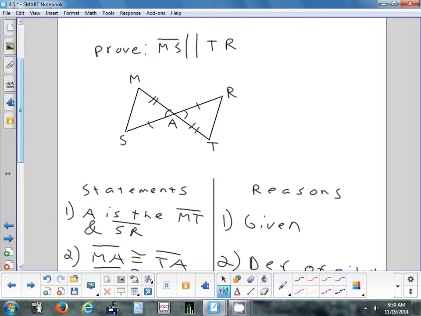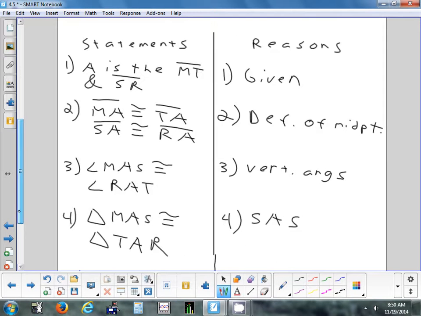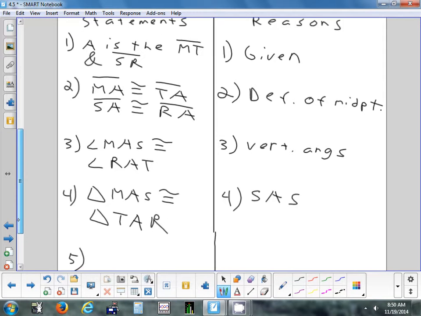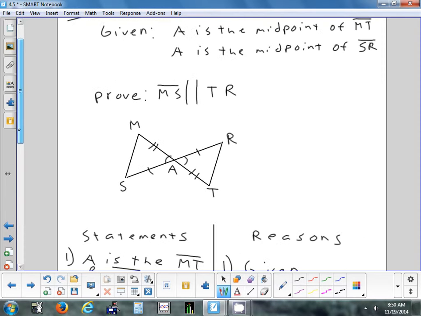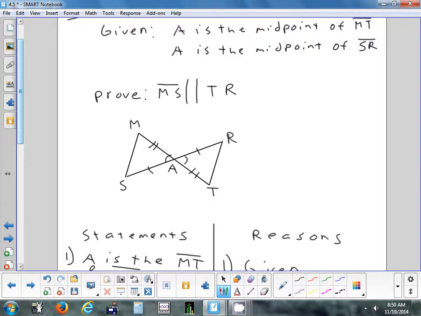That means that angle M matches T. S matches R. Okay, everything matches up here. So what would I have to say to prove that MS and TR are parallel?